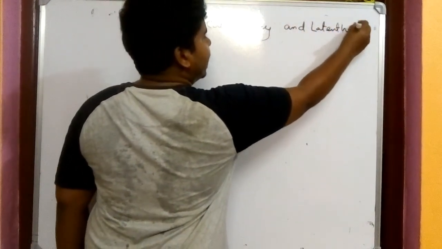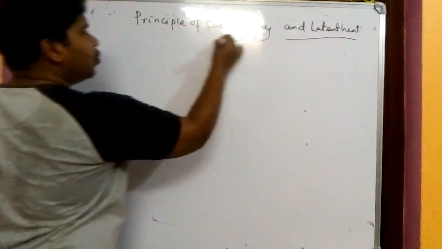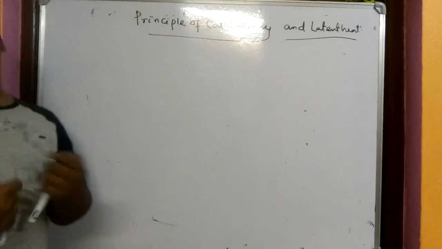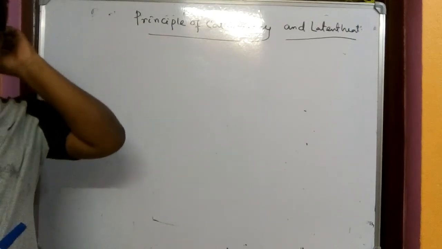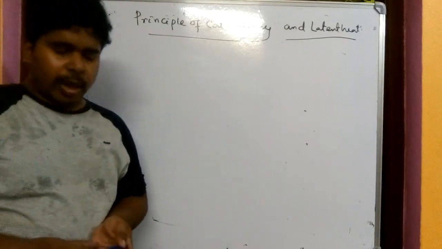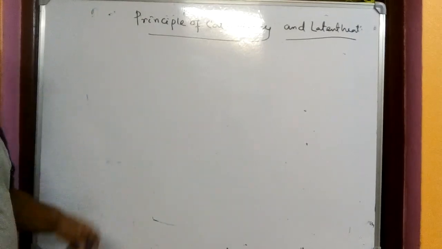So it is clear that latent heat is used to change the state. So only in that case, where the state change occurs, you have to remember the latent heat. So assume I give you an example.